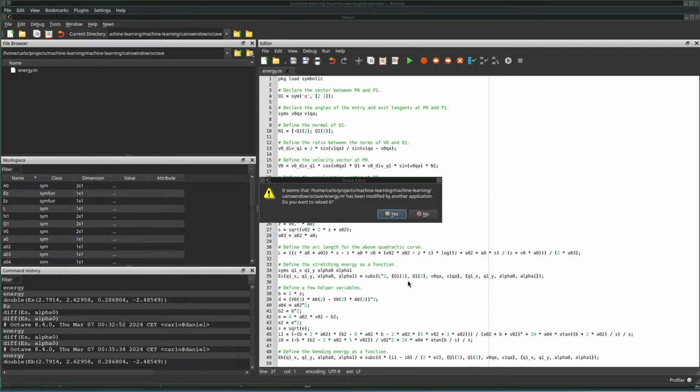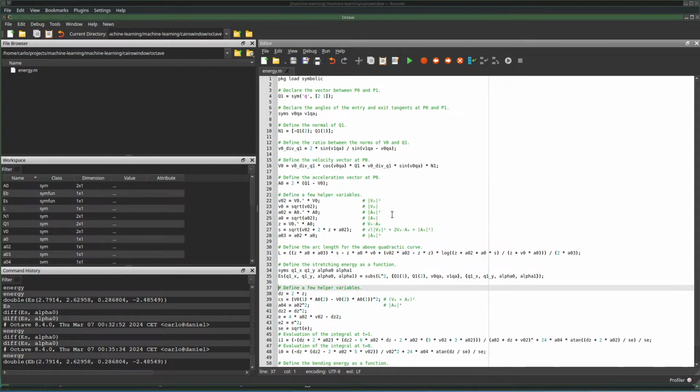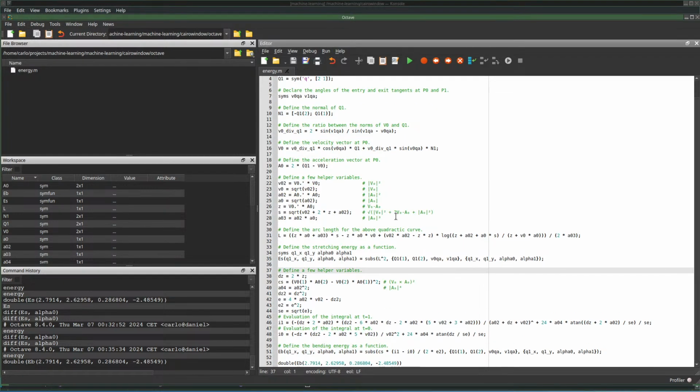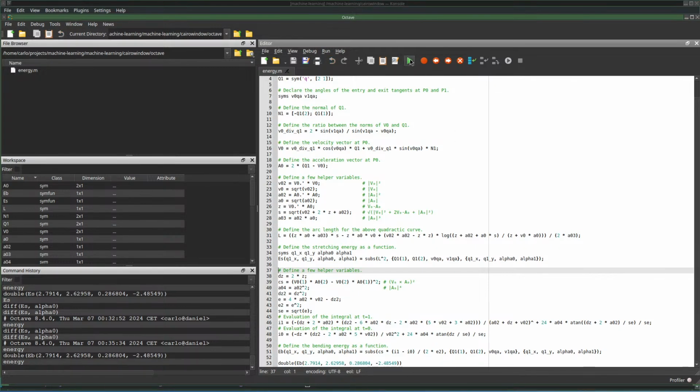Octave is alive. It seems that it has been modified by another application. Yes. That's awesome. So now we have this double here, and now we can run it. It's going to think a very long time.